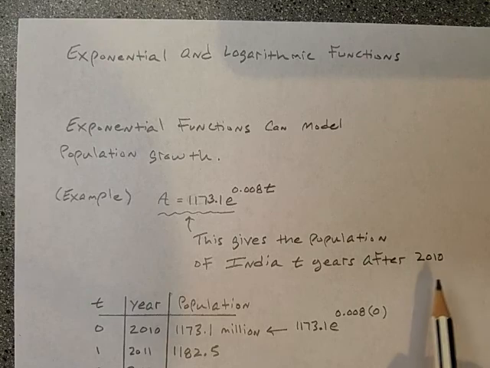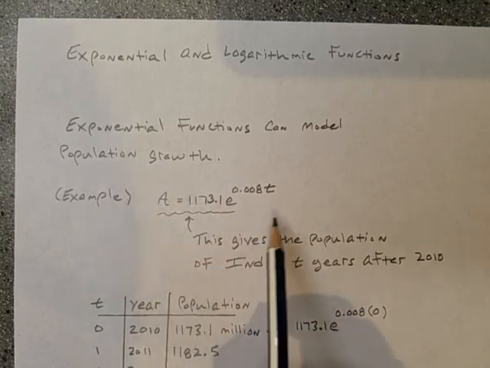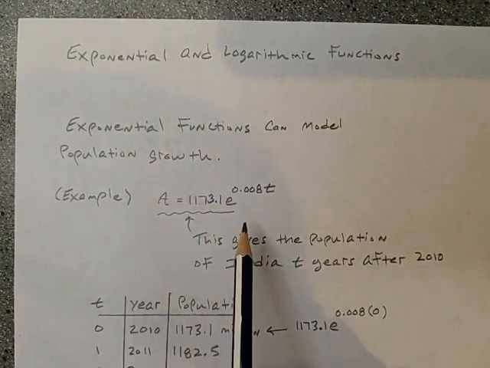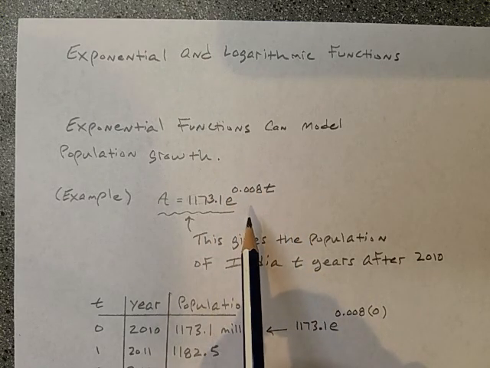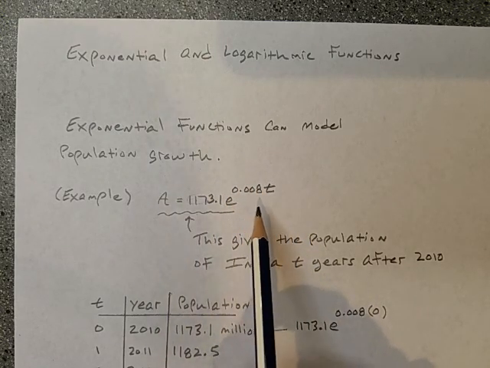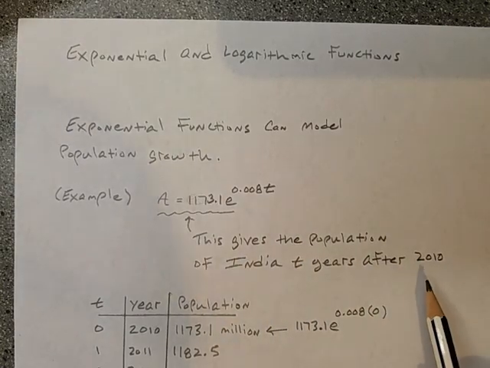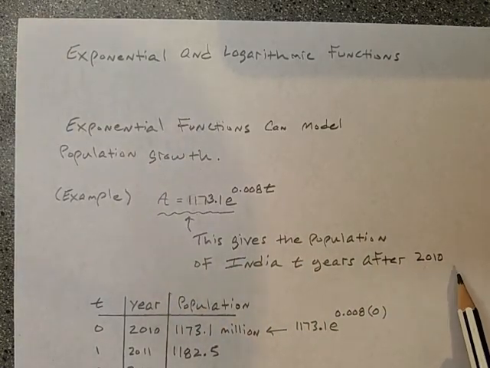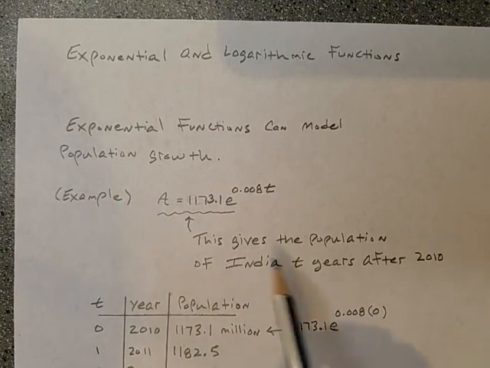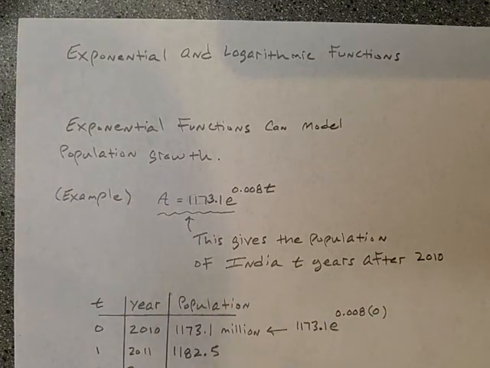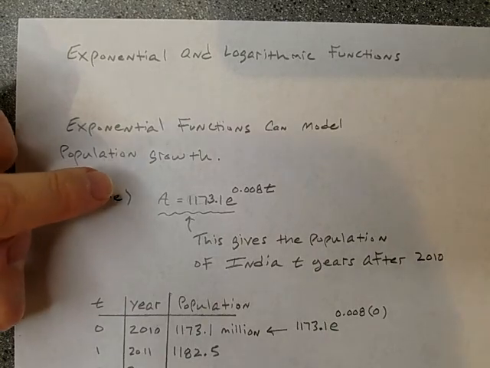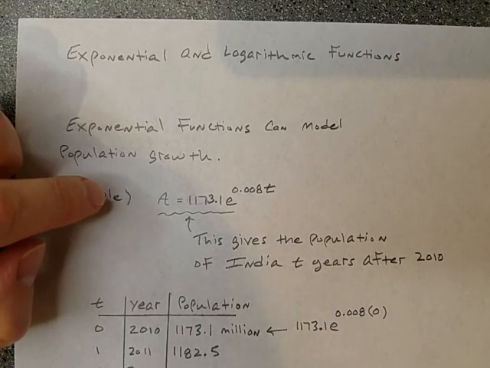Okay, so this is just a model. It's not a crystal ball. All that this equation does is it says that based on how the population is growing at some present time, and this model happens to be from the year 2010, if that growth continues, then this model will predict what the population is in the future.